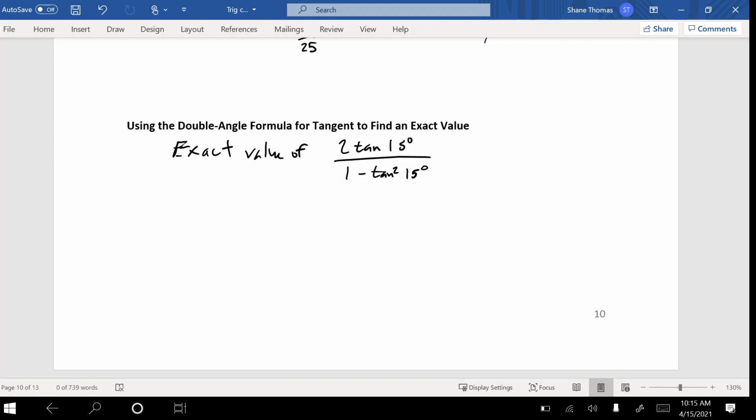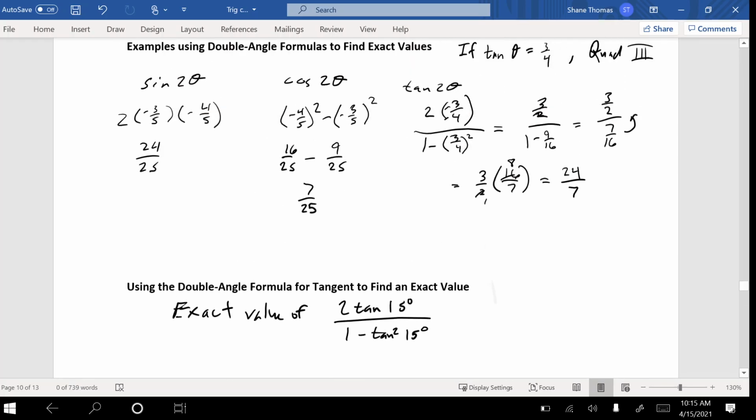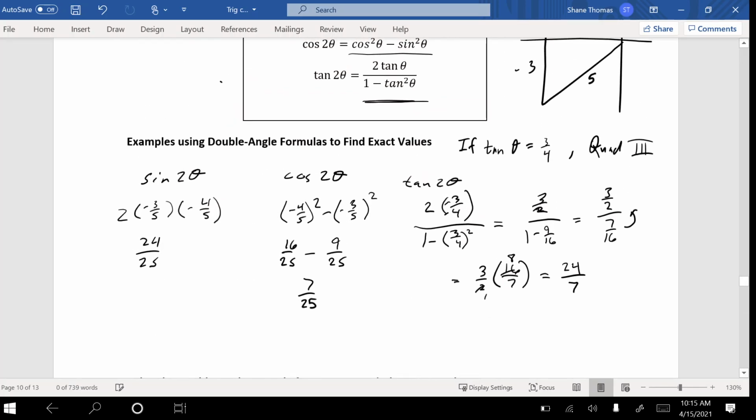So this is essentially already written in the formula form, isn't it? We already applied this from the tangent of 2 theta. So really, we need to work backwards. This is given to us in this form right here.